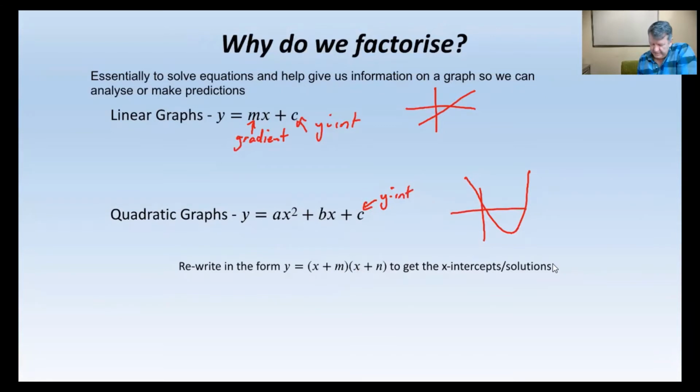So what that means is they're using the null factor law. We've got the first x-intercept is going to be negative m. This is just the short version. And the other x-intercept is going to be negative n. All right, null factor law. We've gone through all this sort of stuff in a different video, so I'm not going to cover it now.